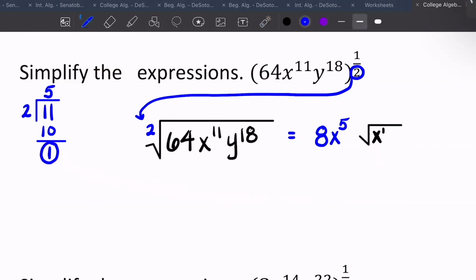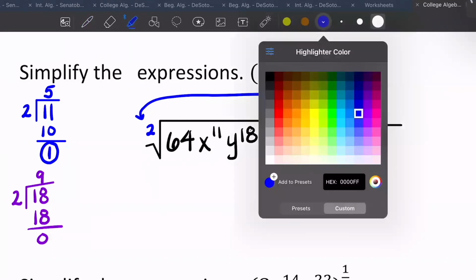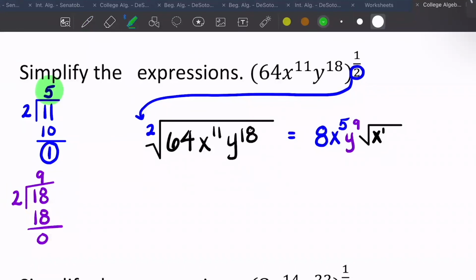Okay, so let's do y. That's going to be 18 divided by 2. That goes in 9 times, so that goes in evenly. That means all of our y's can come out and we're left with y to the 9th power. I'll do some highlights here so that you can see where I'm getting our numbers from in our answer.